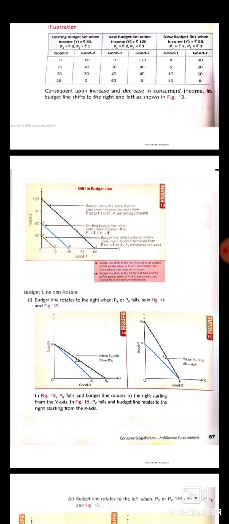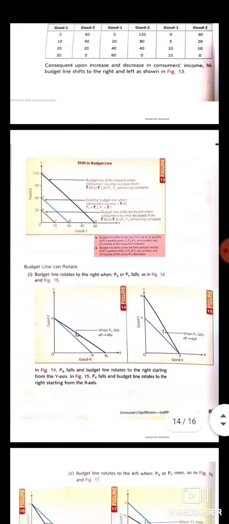But if the income of the consumer has decreased to rupees 30, now he will purchase lesser units of commodity 1 and commodity 2. So the budget line will shift to its left direction or a backward direction.